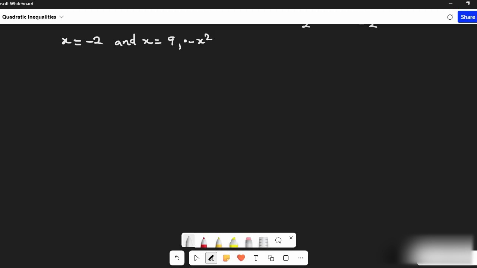And the inequality, which we have rewritten in the standard quadratic notation as minus x squared plus 7x plus 18 greater than or equal to 0. And we know, of course, that it's a maximum curve, or it has a maximum value.